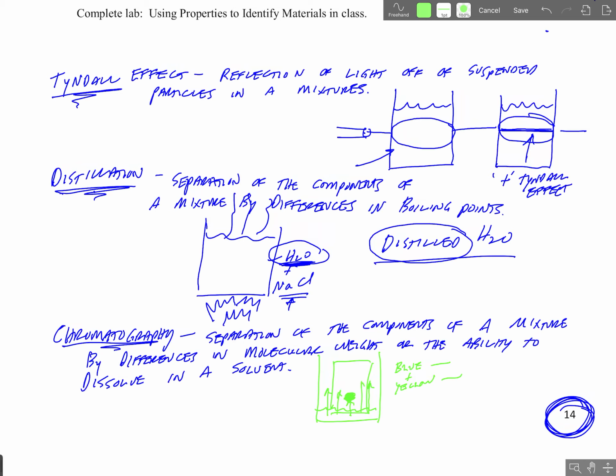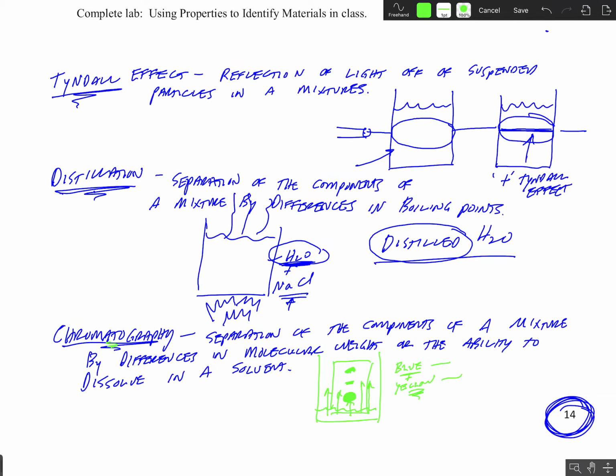So, as we let this paper sit in the water and the water begins to wick up, we will get a separation of the blue dye that makes up my green dot and the yellow dye. And we will see two different colors on my filter paper. We might have blue up at the top and yellow lower, or vice versa, depending upon their solubility, their ability to dissolve in the solvent, and their molecular weights.